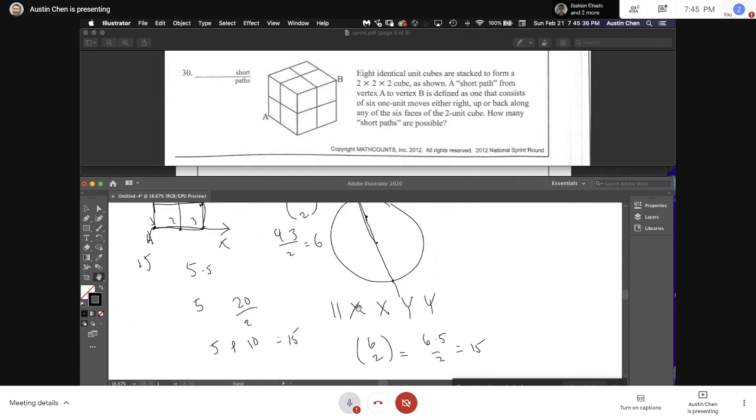We should not be overcounting anything here because the bars are the same and we're choosing the position of the bars. We're not doing permutations of them, so we wouldn't be overcounting here.